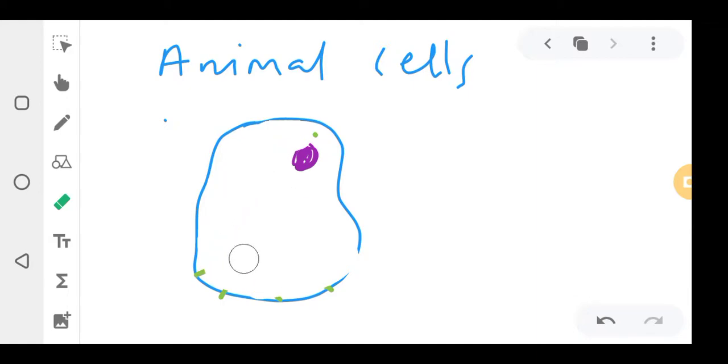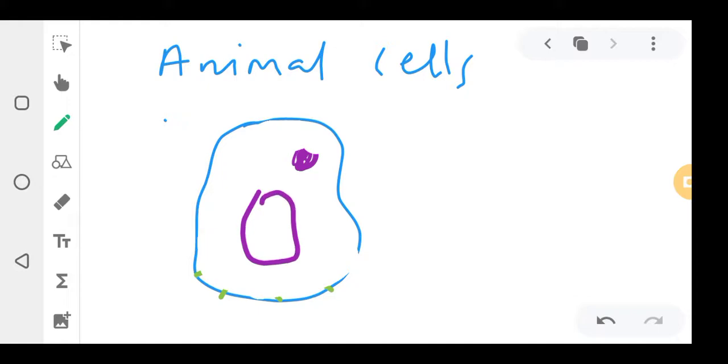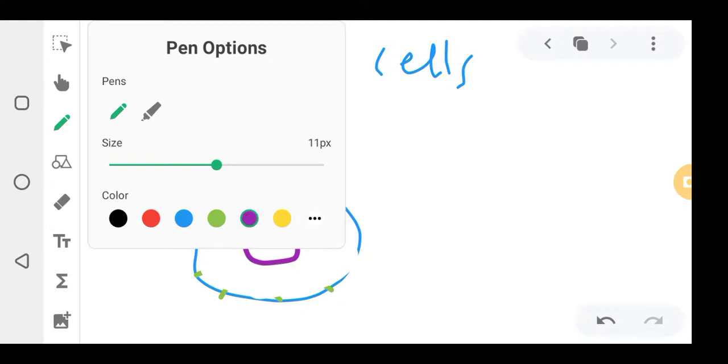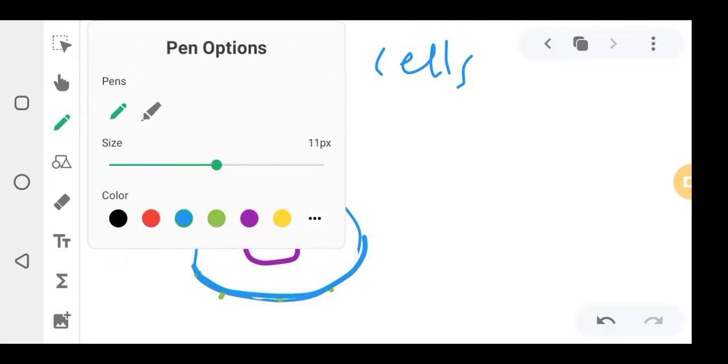Of course, we have a nucleus. Let me use another color. This is an animal cell. It only has a cell membrane.